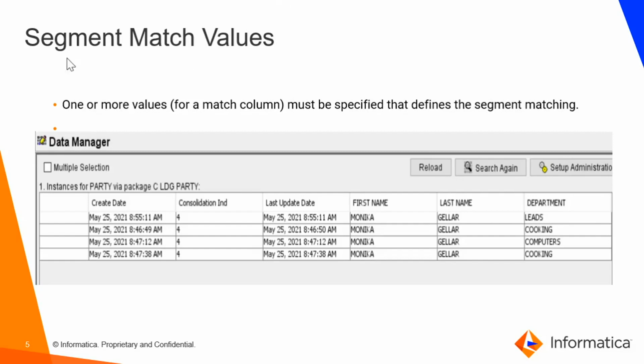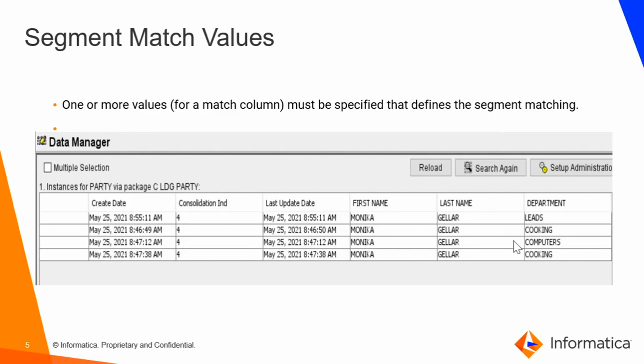Here, in segment match values, we can give one or more values to configure segment matching. For example, for a given match rule, suppose you wanted to define a segment matching by departments. If you defined segment match value as cooking, which means under the segment match values you gave a value as cooking, MDM will match only records with this department, which means Monica Geller with cooking will match with Monica Geller with cooking.